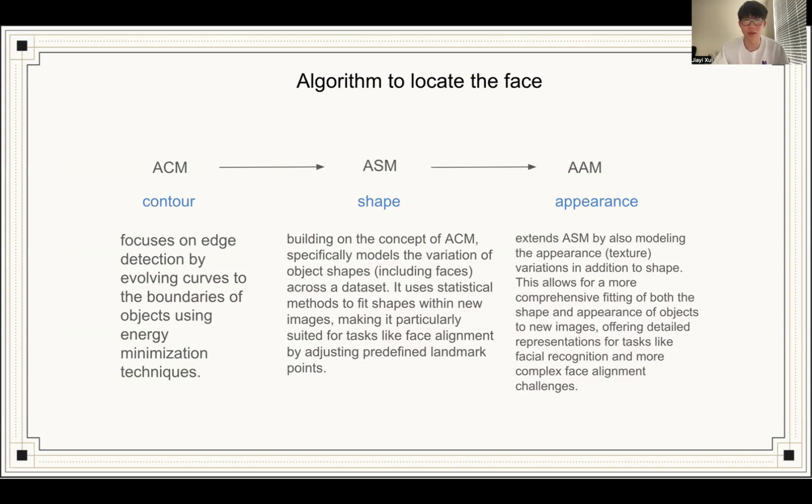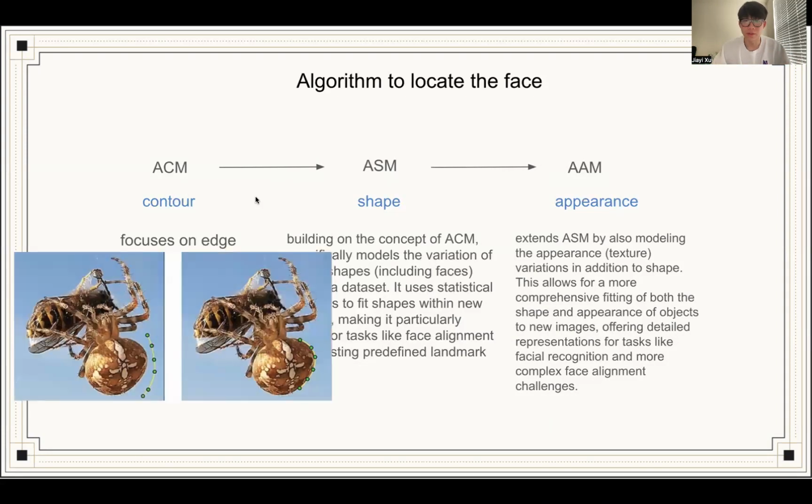So first is the active contour model. The contour model basically focuses on edge detection by evolving curves to the boundaries of objects using energy minimization techniques. So imagine we have a picture here, and the object we want is located here, and we have a curve on it.